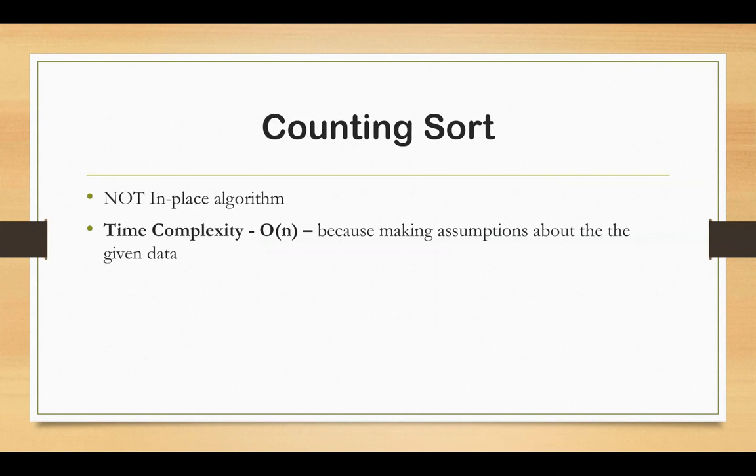And also its time complexity is big O of n because we did not have to iterate multiple times in one iteration of the input array. We were able to get the sorting done in linear time. And this is all because we had made some assumptions about the elements to be sorted. That has helped us in getting the linear time complexity solution.